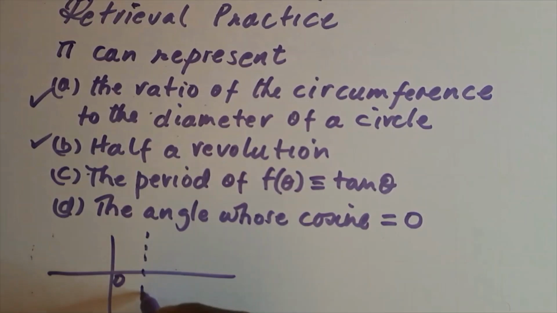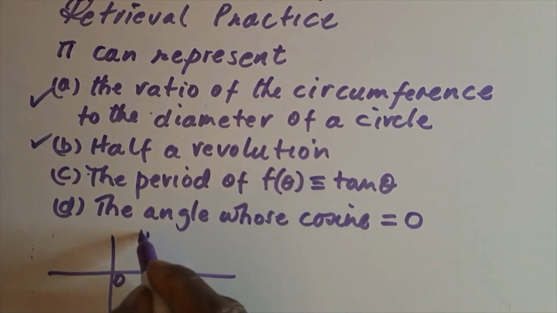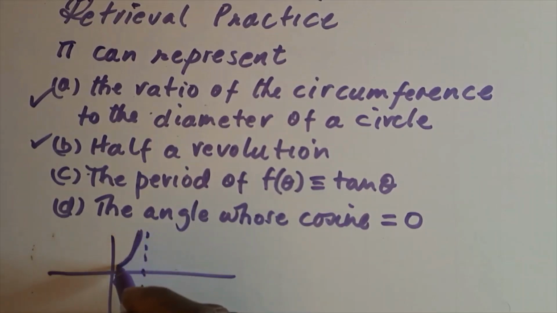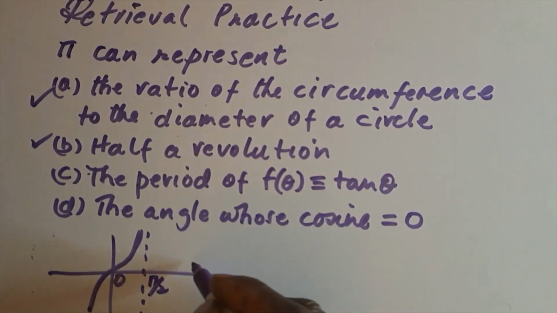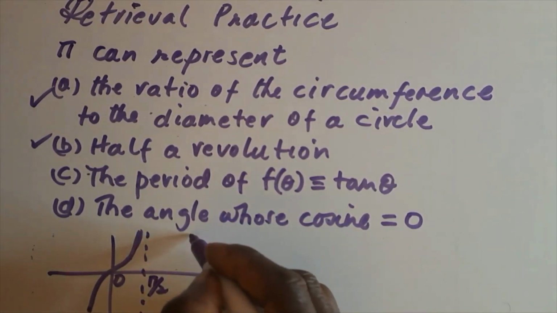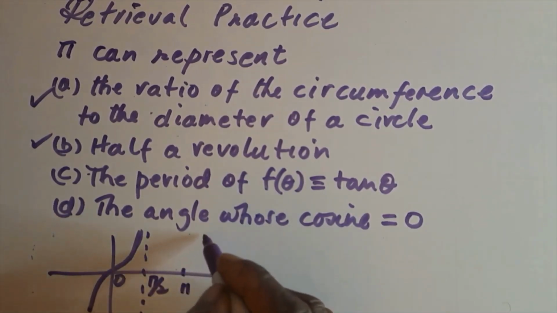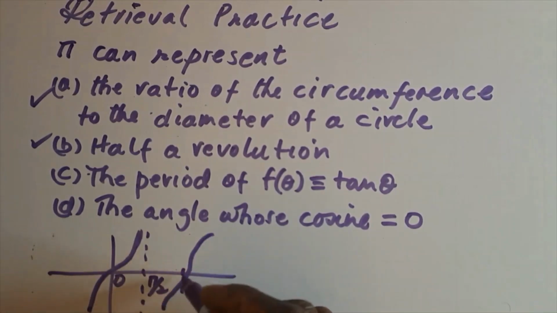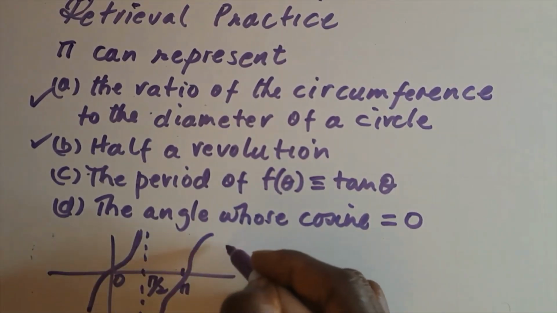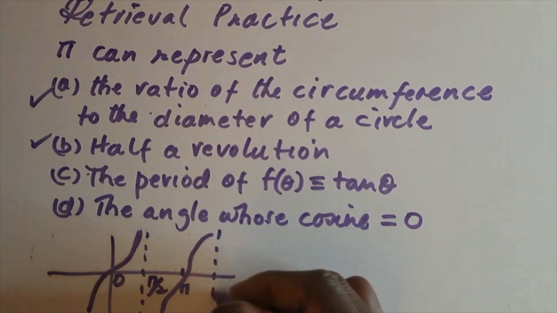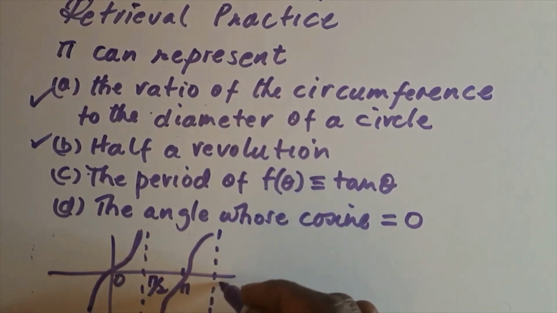So if we have our lines here, this is at pi over 2, this is pi, and the next one here is at 3 pi over 2.